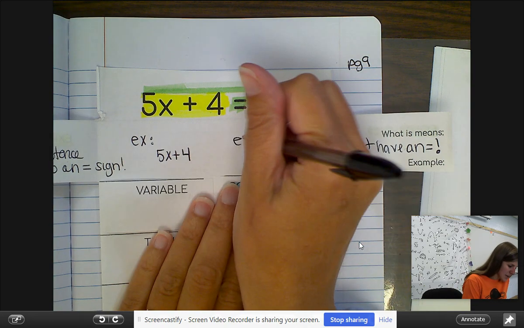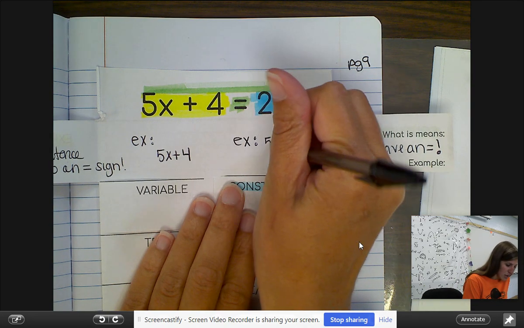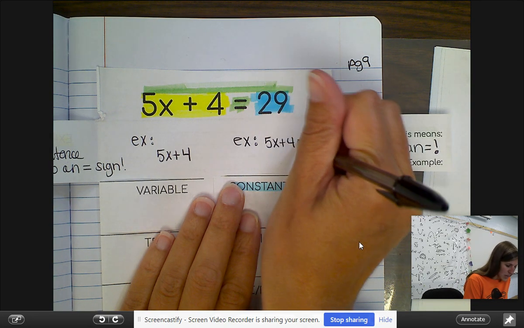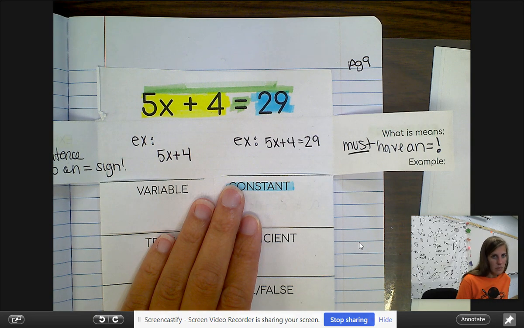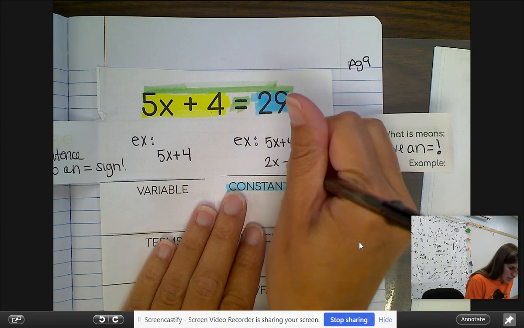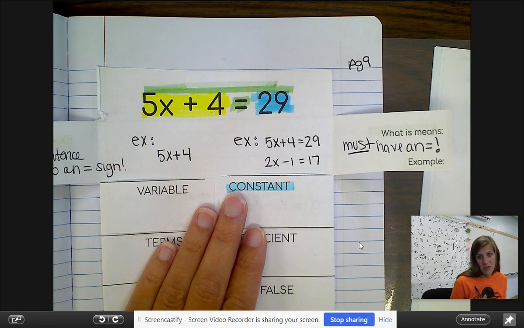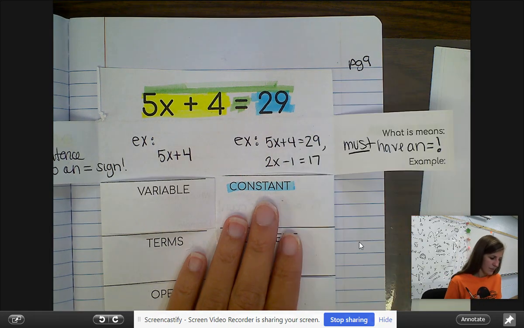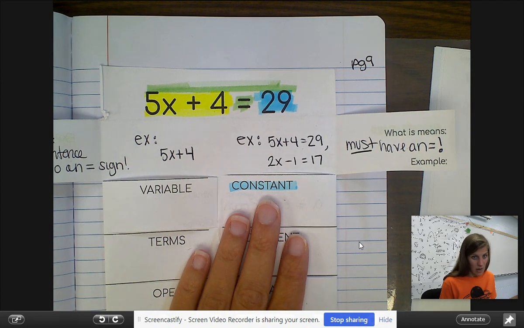So our example here is the full thing. 5x plus 4 equals 29 is an equation. Another example of that could be something like 2x minus 1 equals 17. That's another equation. So it just has to have an equal sign.